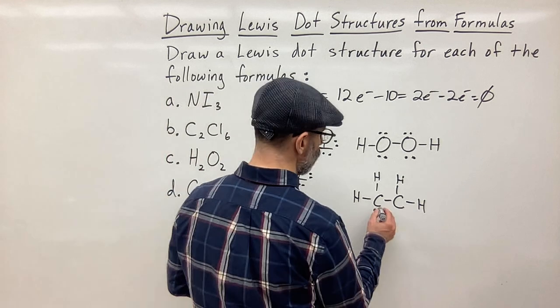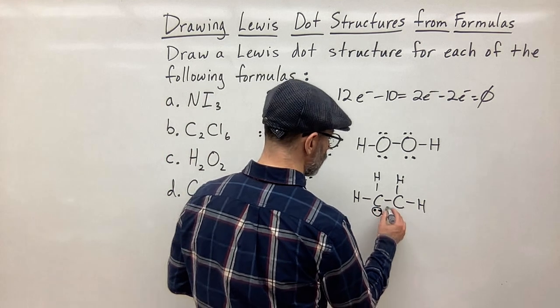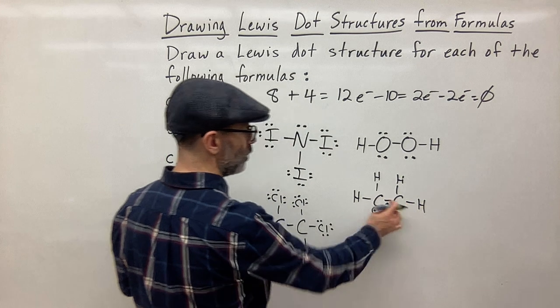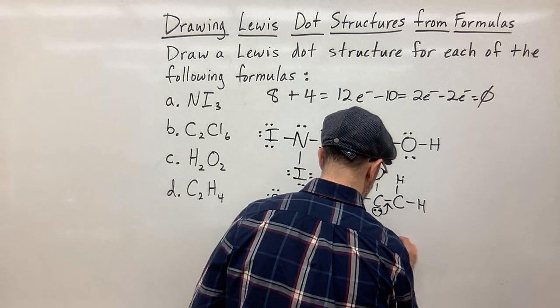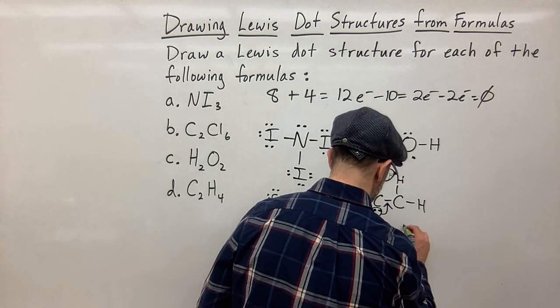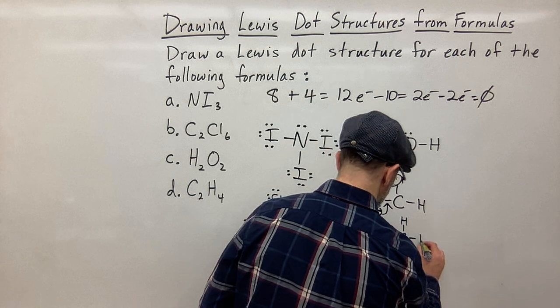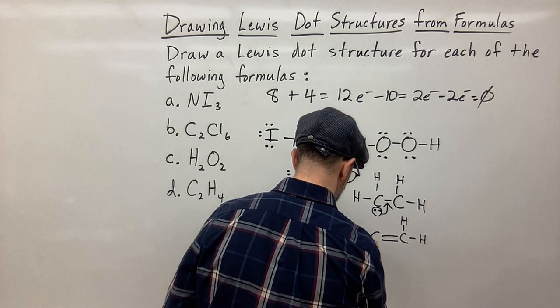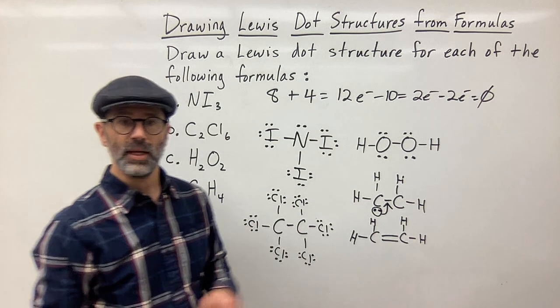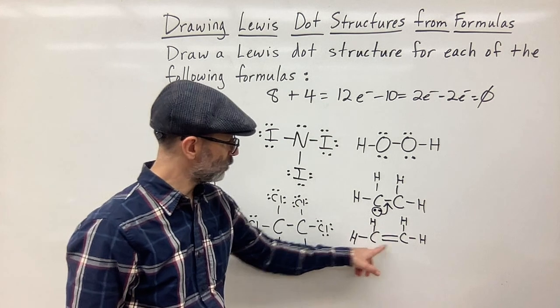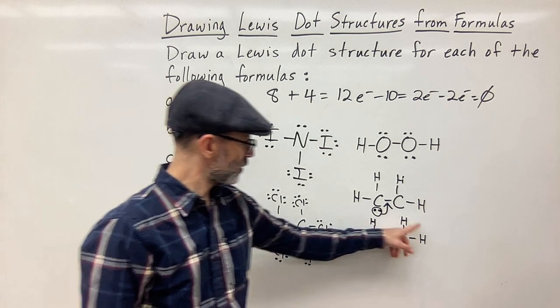So we're going to have to move this lone pair and have it shared between the 2 carbons as a bond. So then we create a double bond, like so. And the hydrogens are the same.